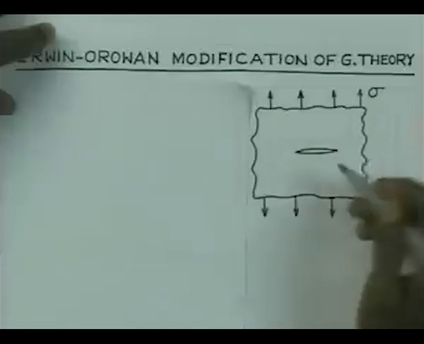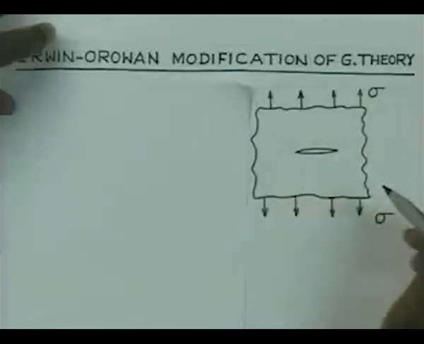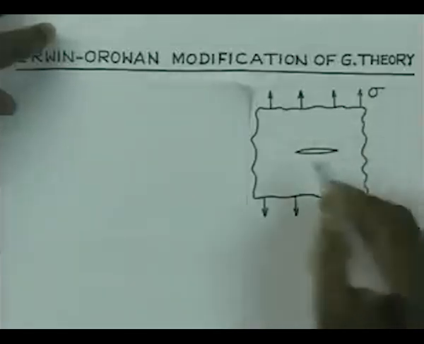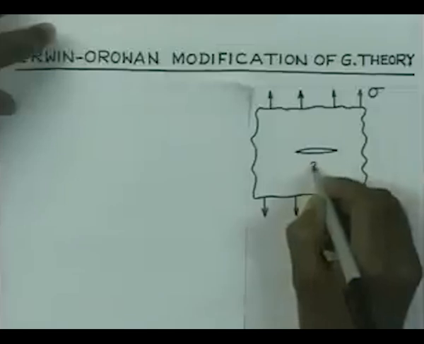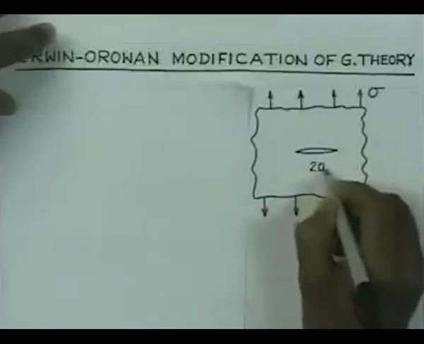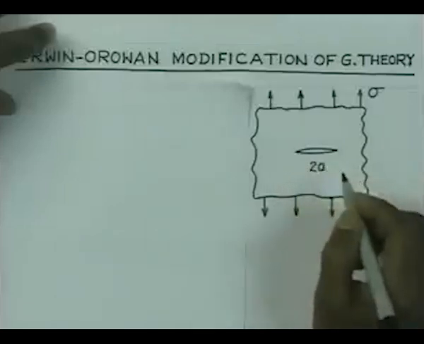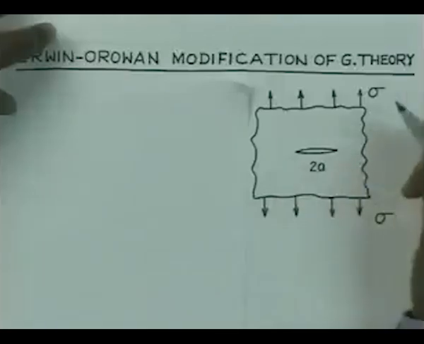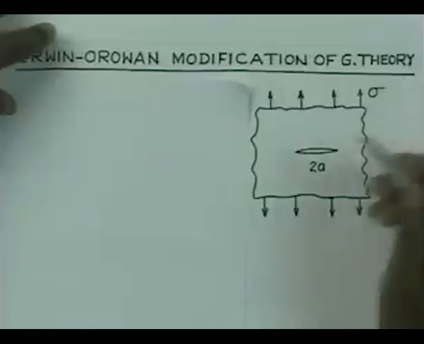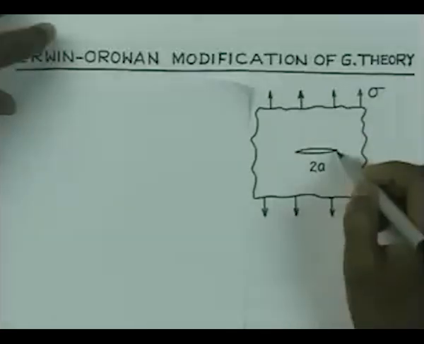If you consider a plate loaded like this and assume that there is a crack of size 2a, as we load the material by external loading, at the crack tip there are very high stresses, and therefore, the material will undergo plastic deformation at the crack tips.